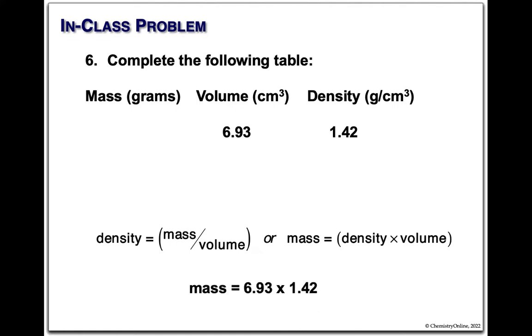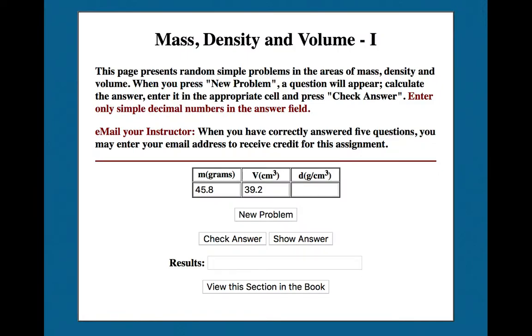We simply multiply those two together. The mass of this substance is 9.84 grams. On the exam, what I did is I simply went to this tutorial and hit new problem a couple times, came up with a random set, and that's the problem. Good way to practice.